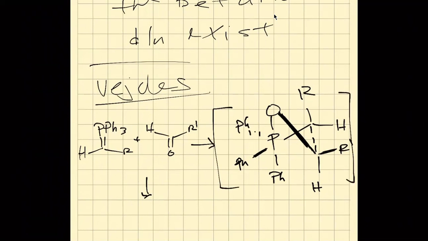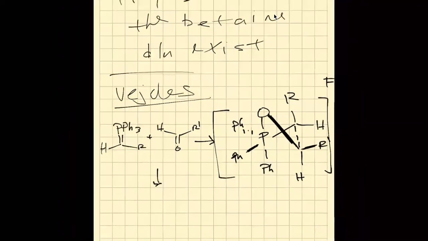addition, right? And that's the conformation that the aldehyde and the ylide adopt in order to overlap and give you that oxaphosphetane intermediate, which I didn't give you the name for above, but let me go back and label that.